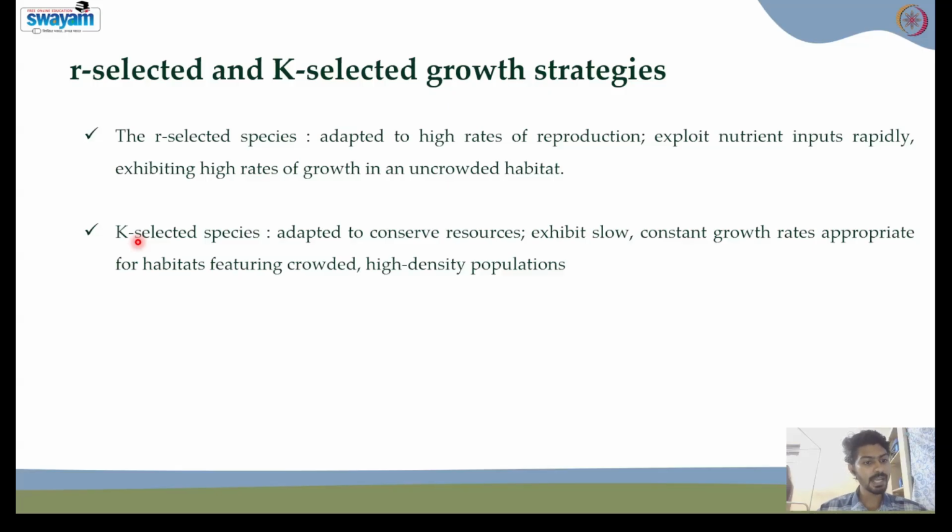Whereas we can compare K selected as their growth is very slow but steady, and they will be going for long-term survival. So these are all the growth strategies, and we will place the appropriate species in the R and K selected categories.